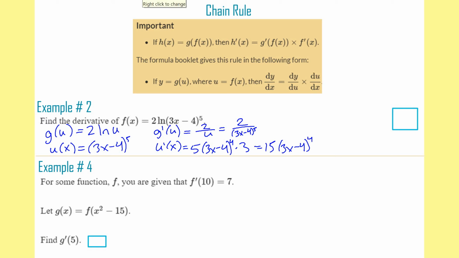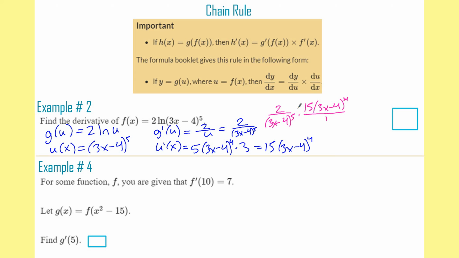Okay, so now watch what we do. We do the derivative of g times the derivative of f. Okay, well, we called it u of x. So 2 over 3x minus 4 to the 5th times 15 times 3x minus 4 to the 4th.